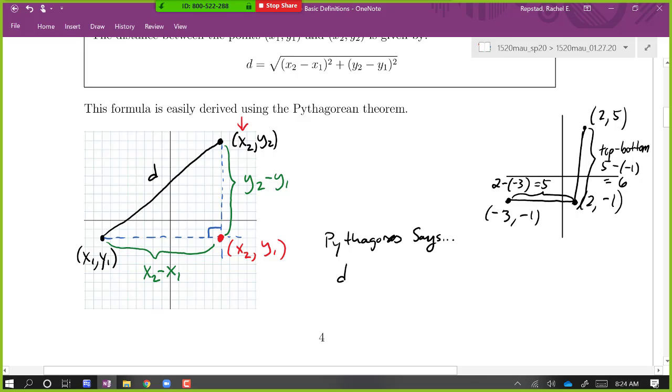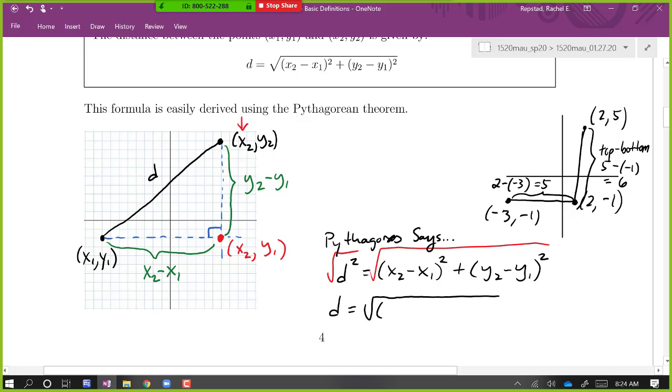So d squared is (x2 minus x1) squared plus (y2 minus y1) squared. And then if I want to get d by itself, what do I do? Take the square root, yeah. So d is the square root of (x2 minus x1) squared plus (y2 minus y1) squared.